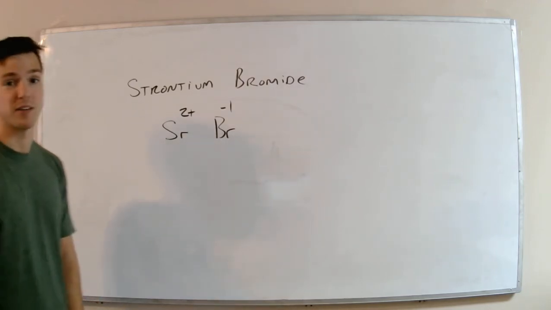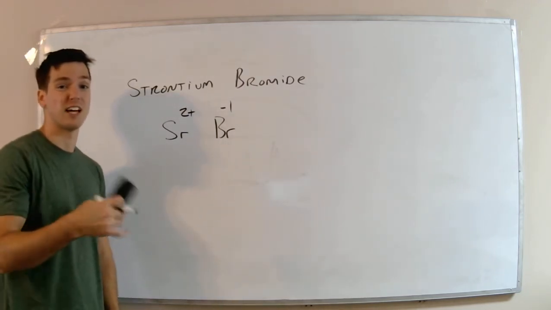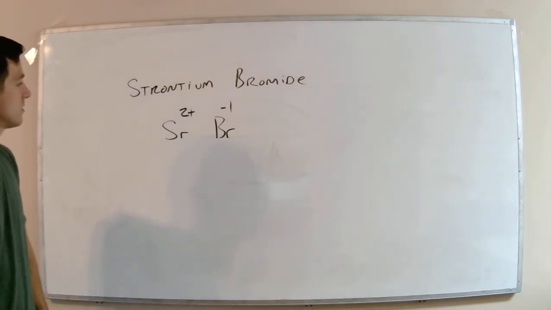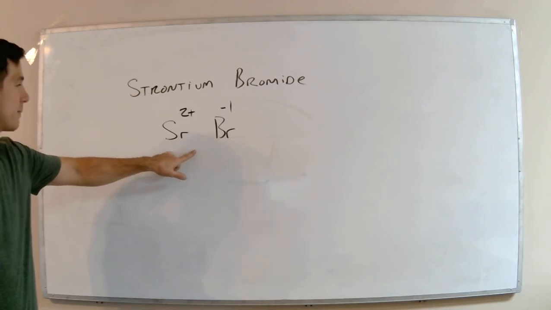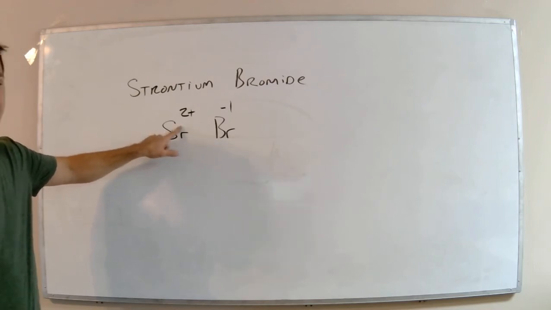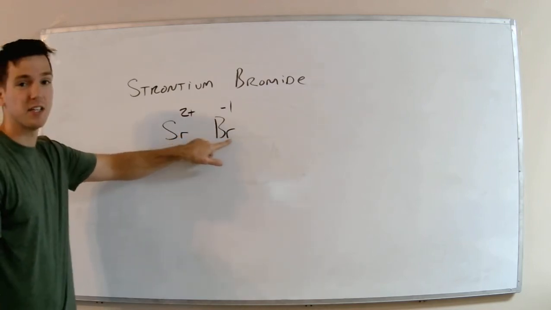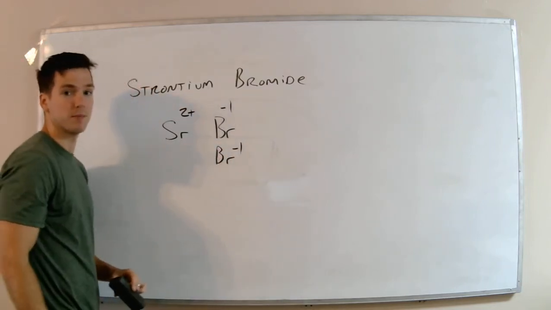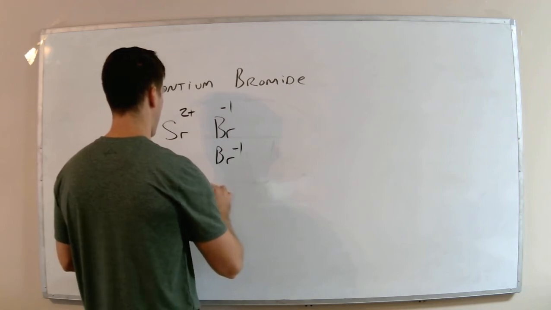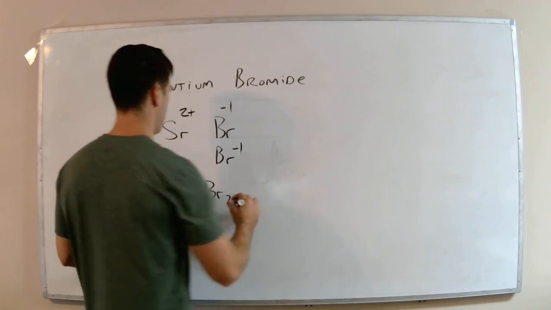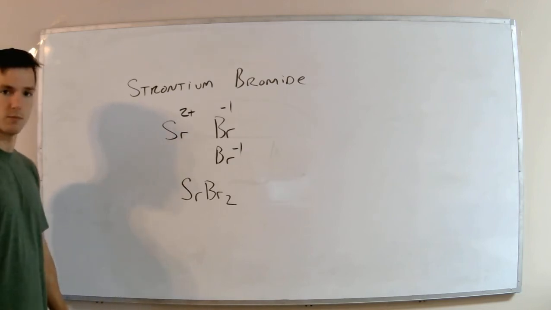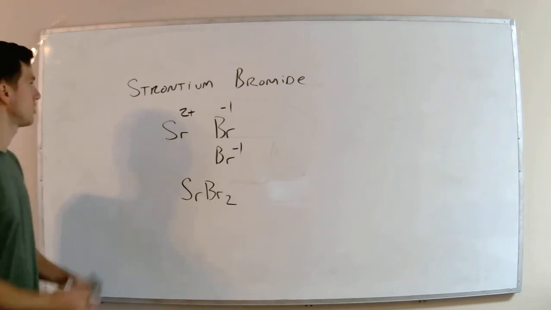There are some polyatomic ions that aren't neutral, but they bond with other cations. So here, we have to make it neutral. In order to cancel out that 2+ charge, I'm going to need 2 bromines at -1. So now my formula is SrBr2. Okay? Let's do another one.